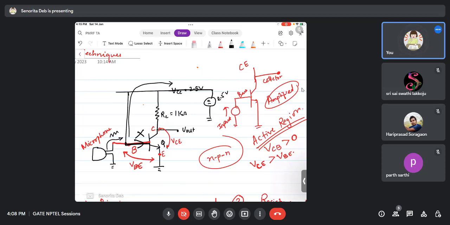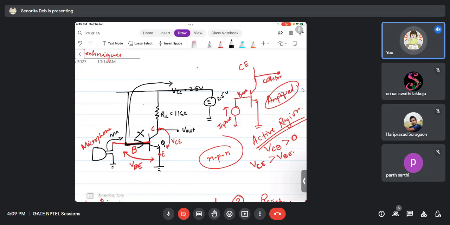Biasing will be needed in any kind of configuration, and it will determine whether the transistor is in the active region, saturation region, or cutoff region. With this, let me go to the biasing techniques.